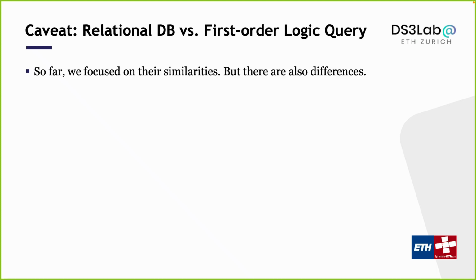If you think about a relational calculus formula that we have been talking about, and a generic first-order logical formula, what are the differences, right? Is there any difference between these two things? So far, I didn't emphasize the difference. I always focus on the similarities, right? But there actually exists a very, very fundamental difference between a relational calculus query and a first-order logic query.